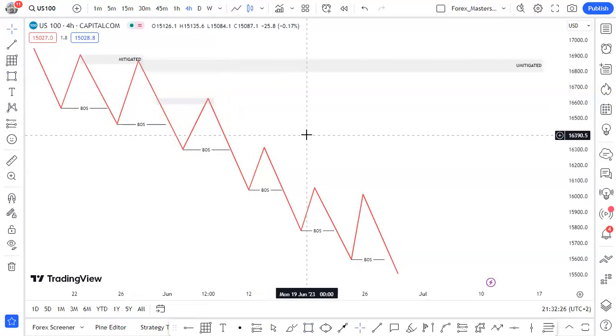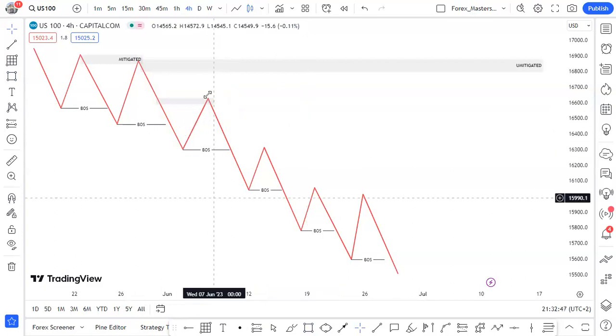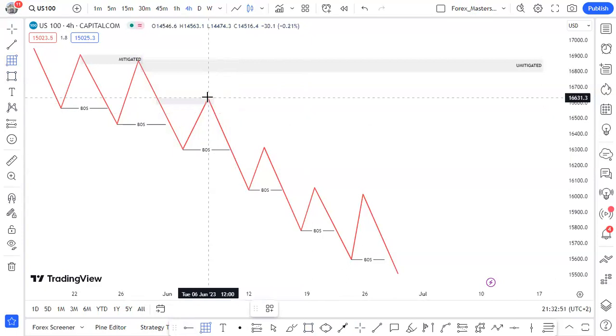I'm not just looking for entries anywhere. I'm looking for them on the areas of interest, which is either the premium zone for a sell or the discount zone for a buy.